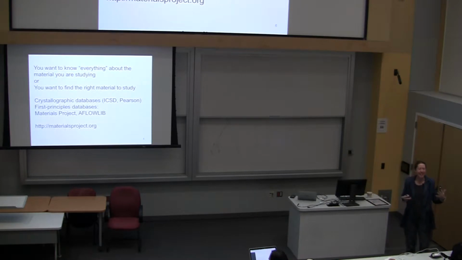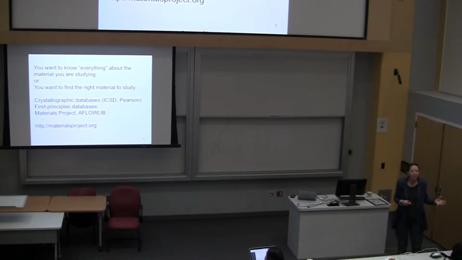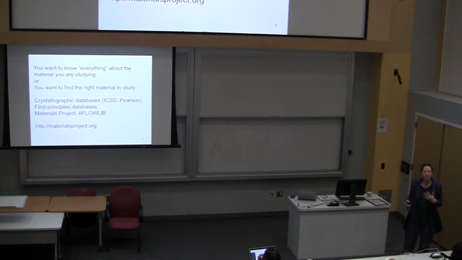Again, that's a fantastic resource where you can just go in and, without doing any work, get information about the structure: for a given composition, what are the reported structures, and for certain structure types, are there any compounds with that composition? Using this database, you can answer this question immediately.